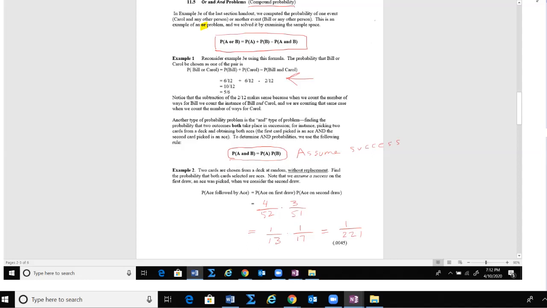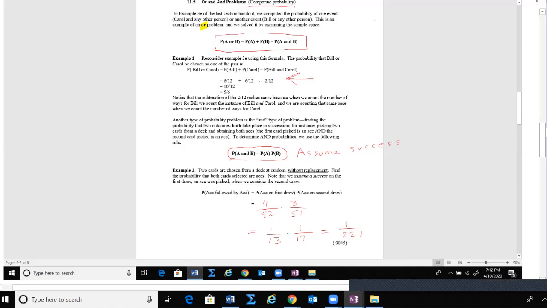We can assume in theory that the ace was drawn on the first pull. We have to assume that, otherwise for our next probability we wouldn't have any theory to base it on. So here's how we do it. The first ace is 4 out of 52.